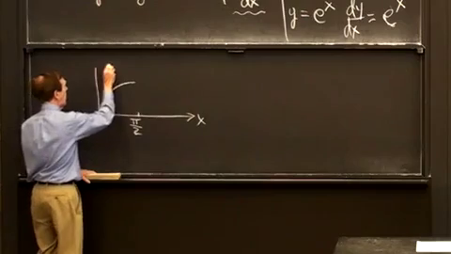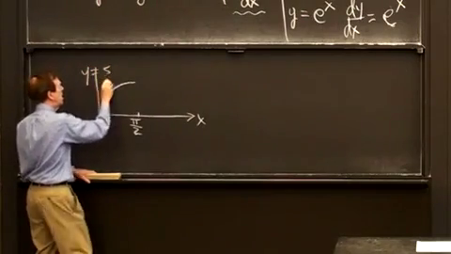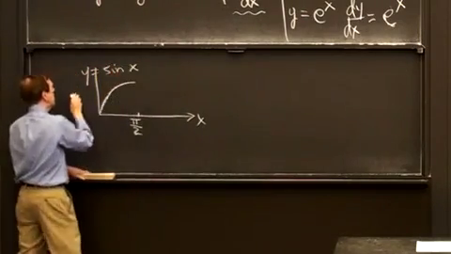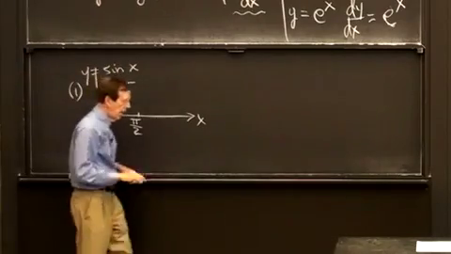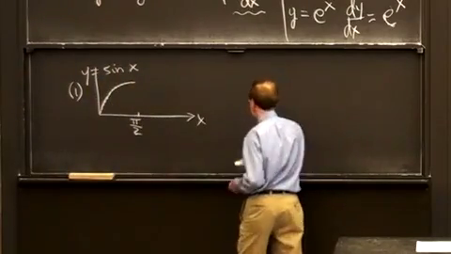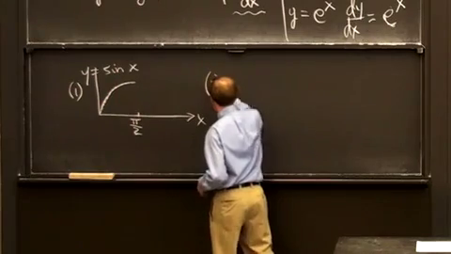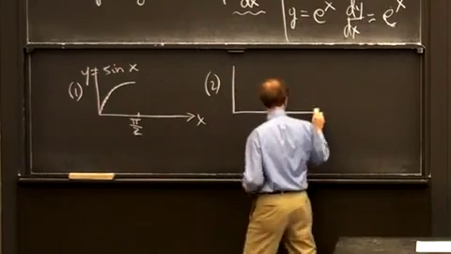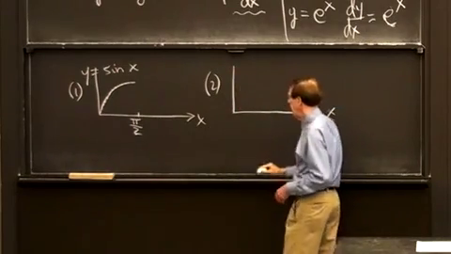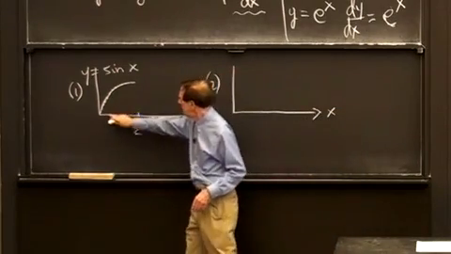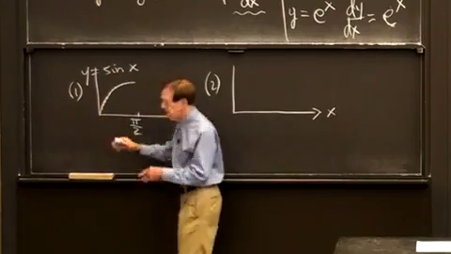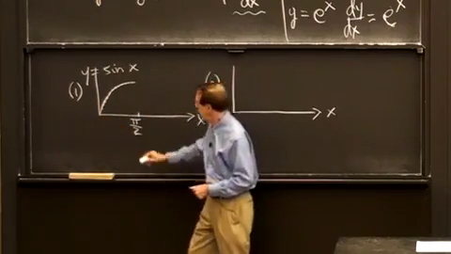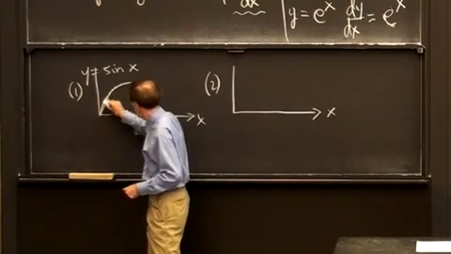And here's a graph of sine x. This is y. This is function 1, sine x. And what's function 2? What can we see about function 2? Again, x. We see a slope. This is not the same as x squared. This starts with a definite slope.